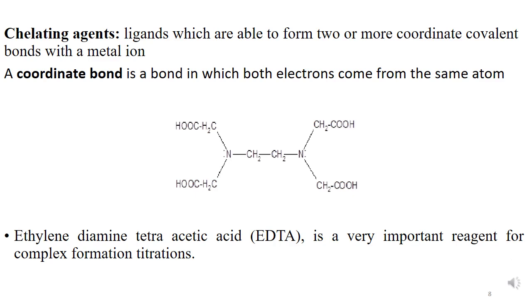In complexometric titrations, ethylene diamine tetraacetic acid, also known as EDTA, is a very important reagent for complex formation titrations. Here on the right side, you can see the formula of ethylene diamine tetraacetic acid. There are two nitrogen atoms in one ligand, and every nitrogen has one pair of electrons, so they can form coordinate covalent bonds with a metal ion.